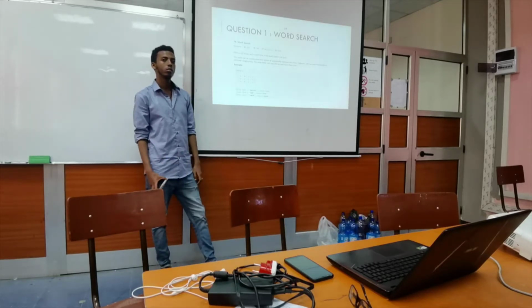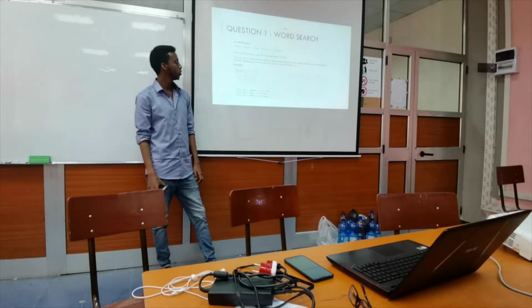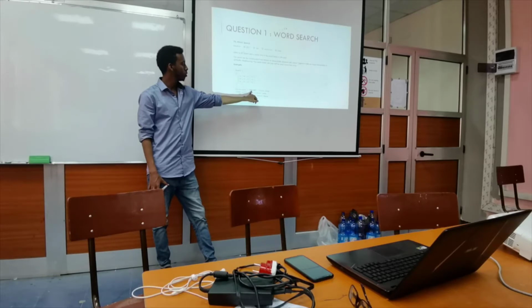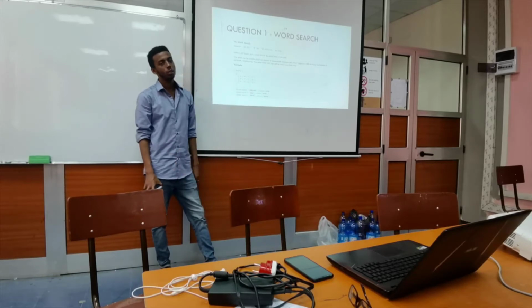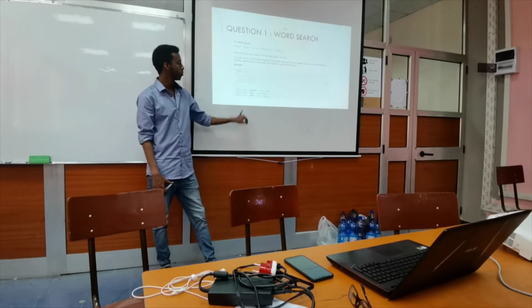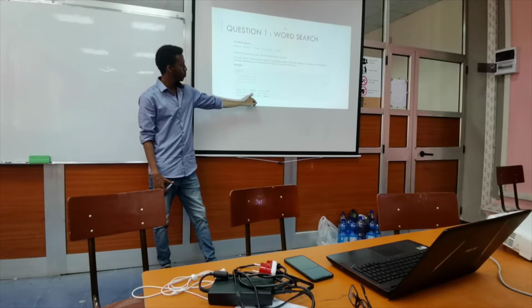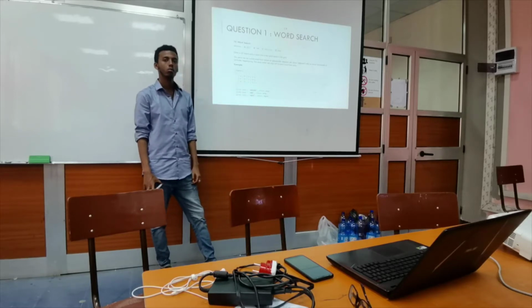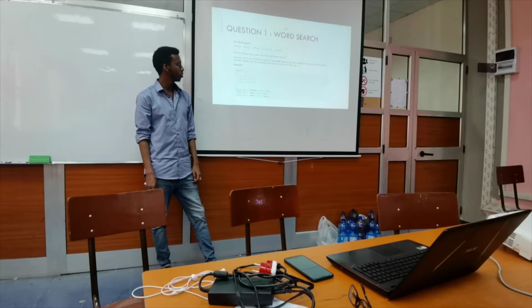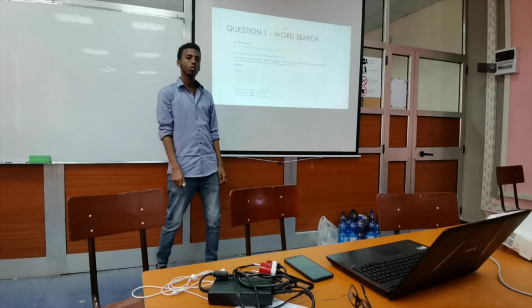Each time I do DFS, I increment the index of the word by 1, and I check if the next letter is available among the neighbors. I look for B in this example, and if I find B, I do DFS on that, and only if that DFS returns true do I return true immediately. I don't need to go any further, I just need to know that it exists. So if one of them returns true, I return true. Otherwise, I try all the neighbors, and if none of them return true, then I return false.